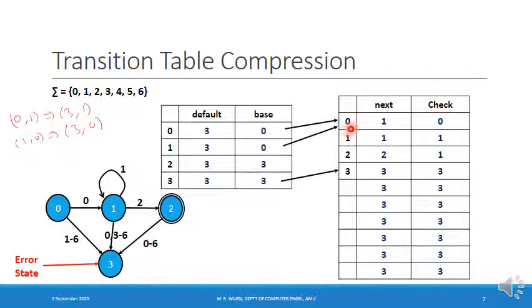So that means as per the scheme, if I determine what is the next state for 0, 1, I pick up the base location for this, it is 0, I add the input value, I go to entry number 1, and entry number 1 in the next uncheck is marked for state number 1. So this is not a valid entry for state number 0.